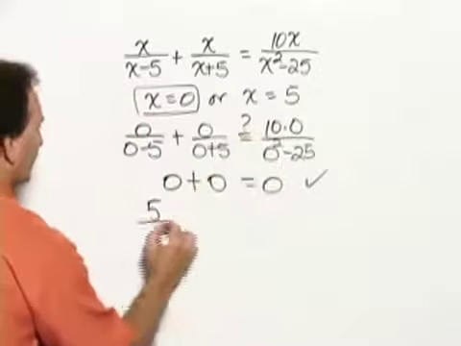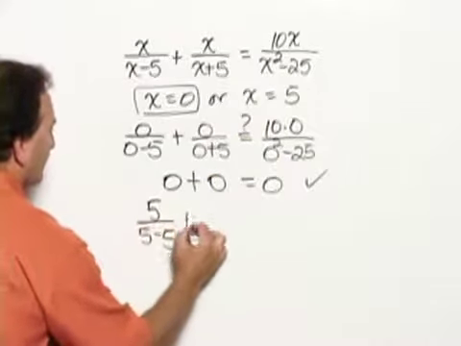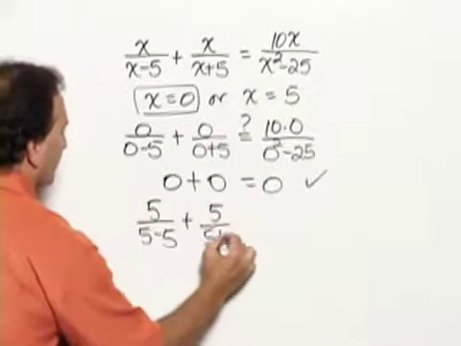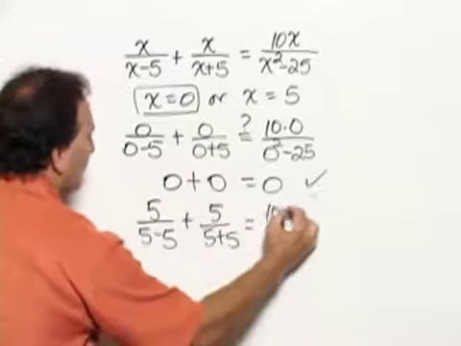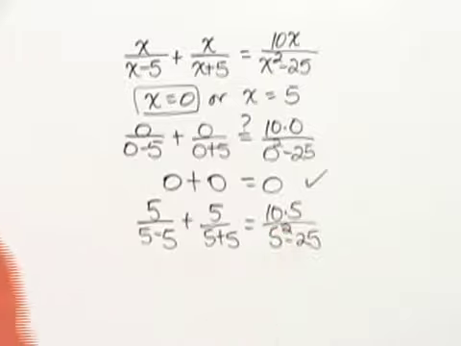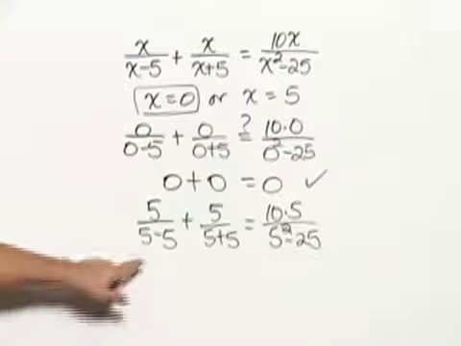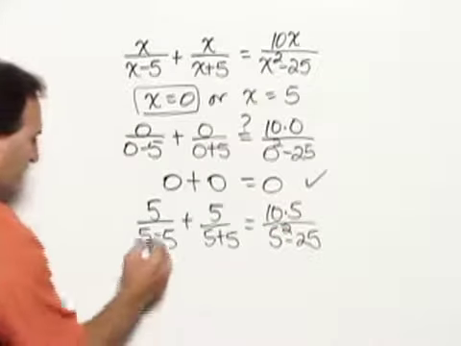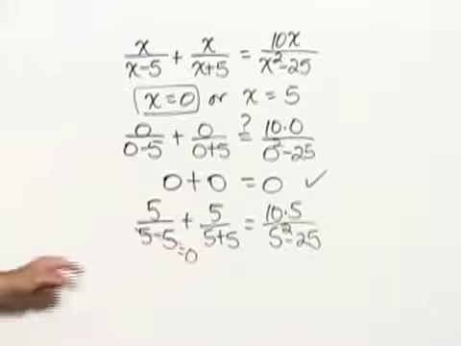This would give us 5 over 5 minus 5 plus 5 over 5 plus 5, and that equals 10 times 5 over 5 squared minus 25. Well, right away, you see 5 minus 5 is equal to 0, and that means that this is undefined.